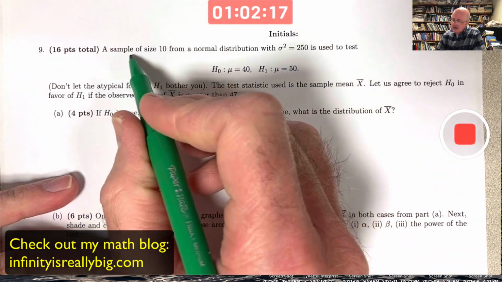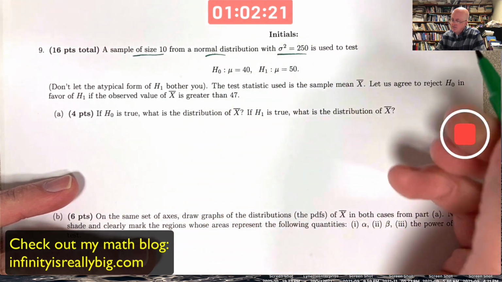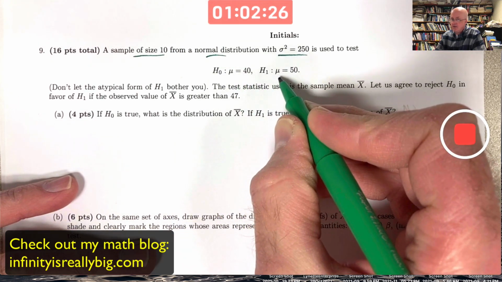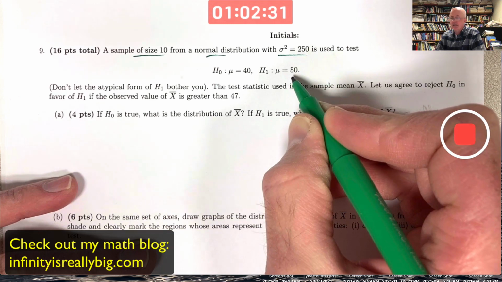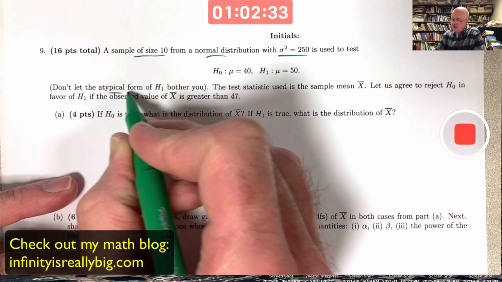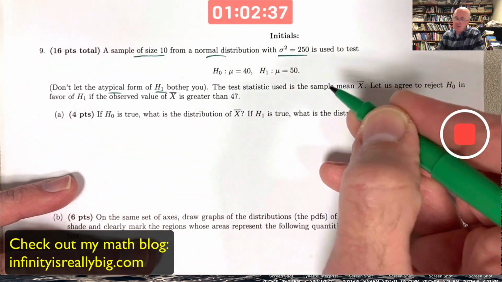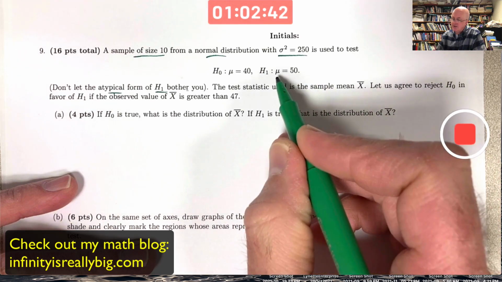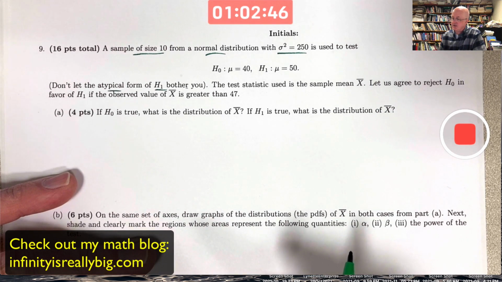A sample of size 10 from a normal distribution with variance 250 is used to test a null that mu is 40 versus an alternative that mu is 50. Don't let the atypical form of the alternative bother you. Usually it would be a less than, greater than, or not equal to. But just to keep things simple, for the sake of doing the problem, we assume mu takes on a specific value. It's more like the power and beta calculations from the previous problem.